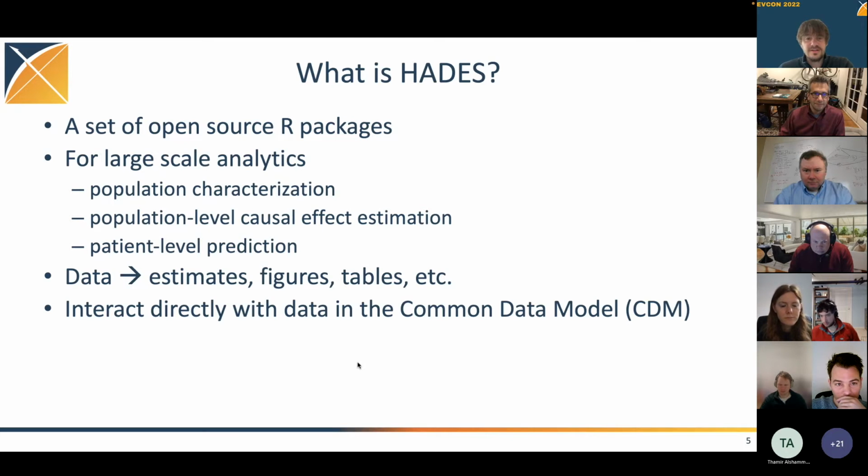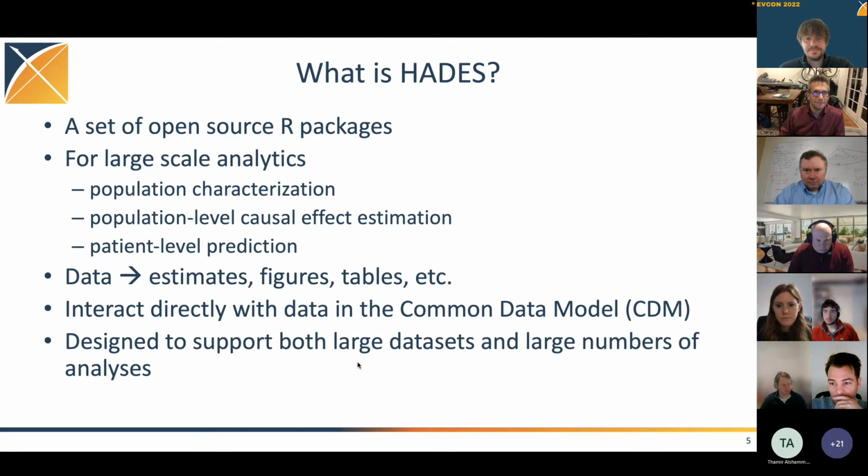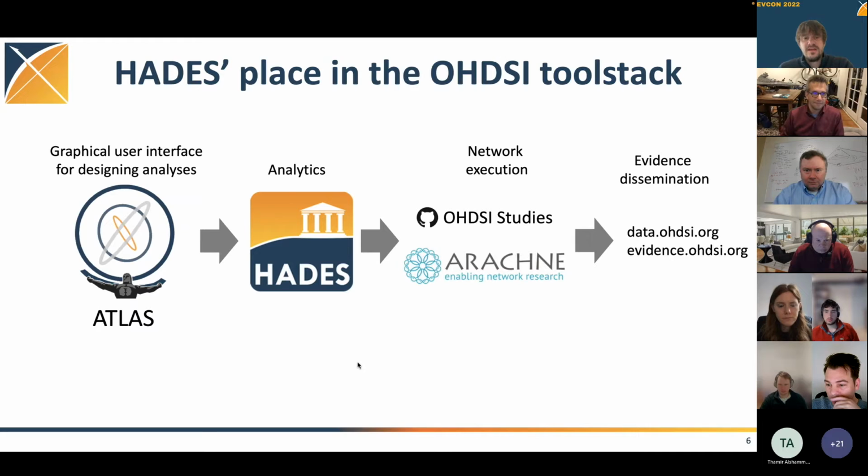So we interact directly with the CDM. It fits in between the Atlas tool, which Anthony Sena is talking about in the other track, and the network execution and evidence dissemination. So we have this approach to generating evidence in Odyssey.